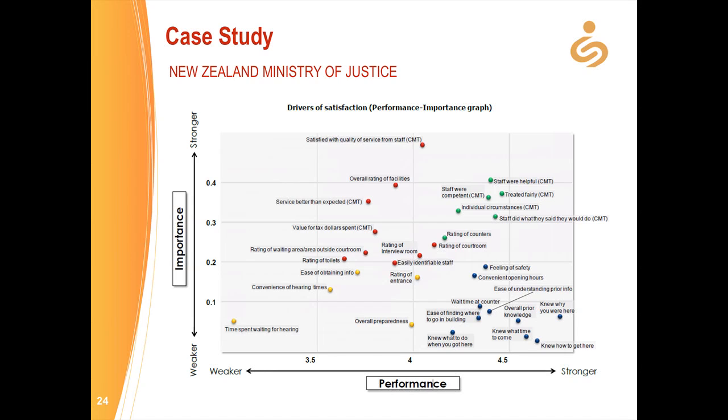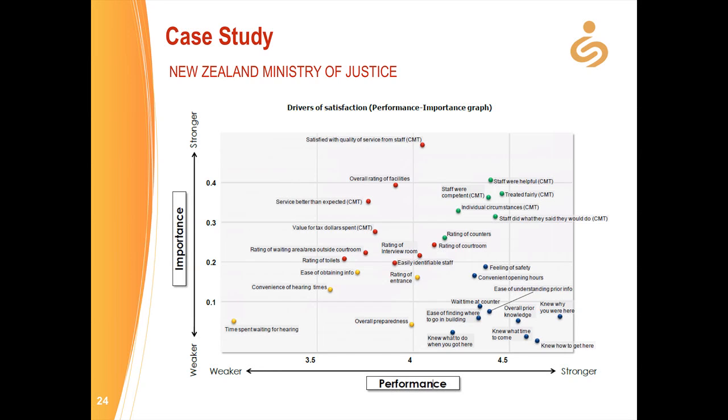So, in this matrix, the attributes in green are both important and highly rated. That's why they don't necessarily require attention from service providers. The attributes in red present the key area for service improvement, because while those attributes receive low satisfaction scores, they are rated as important.